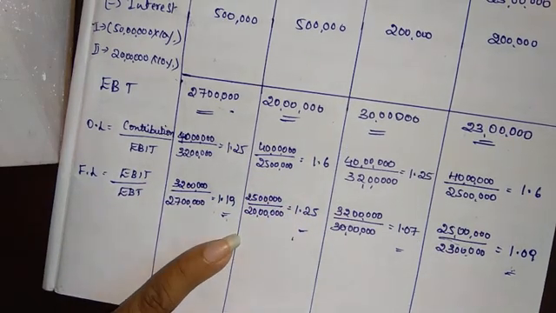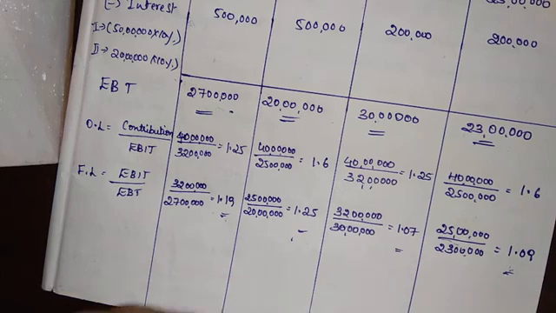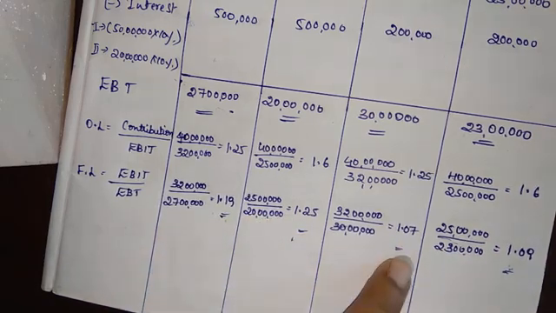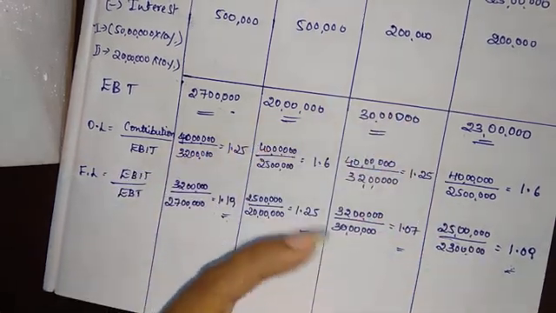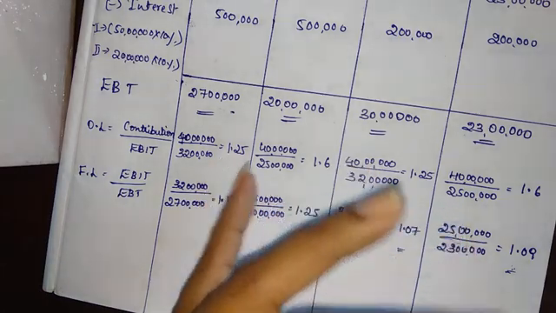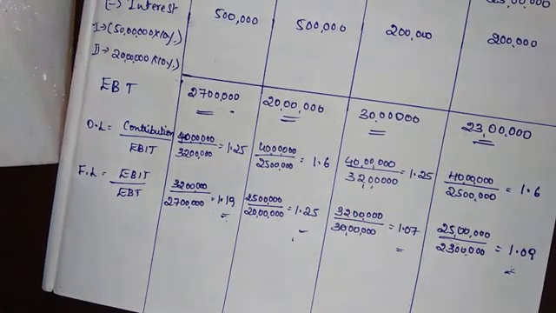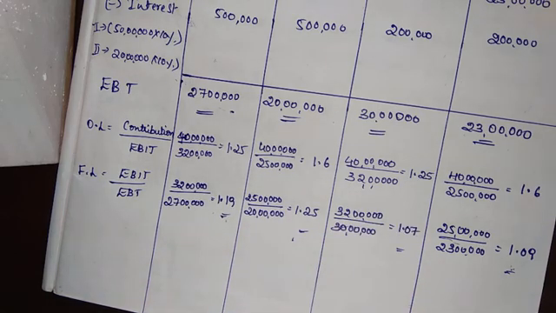But financial leverage, that is financial risk, goes up very nominally. That means there is not much difference, only small changes you can observe here. So the existence of fixed cost, or an increase in fixed cost, increases the operating risk from 1.25 to 1.6, but financial risk also increased by a very small level.